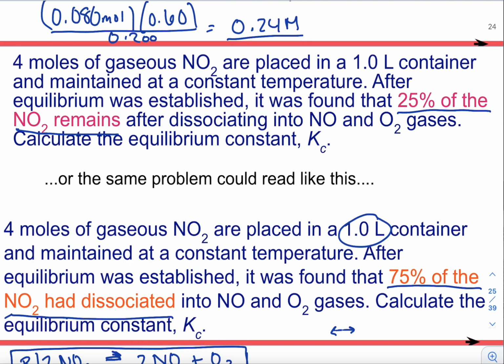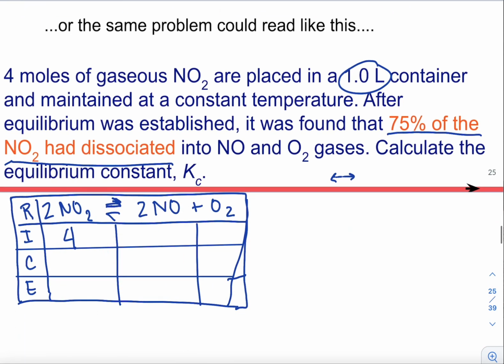Either way, what we're going to do is subtract 3 here, because that's the 75%. It dissociated, right? 75% of 4 is 3.